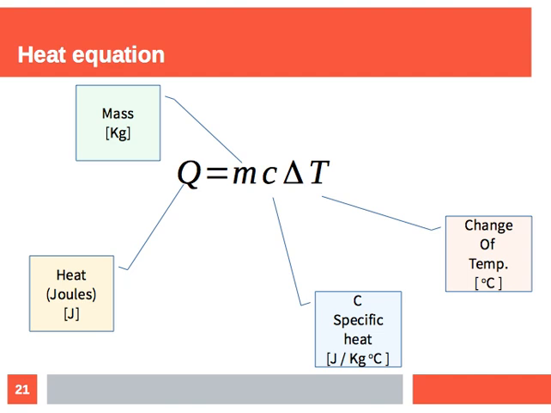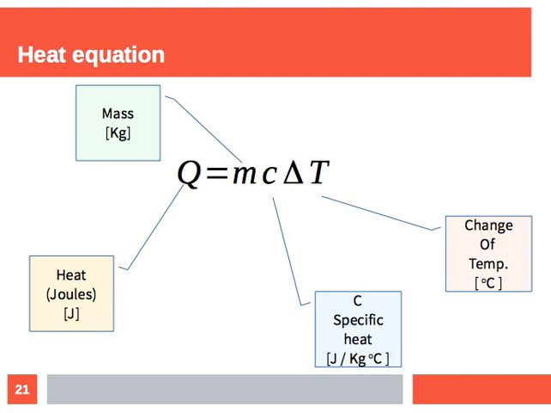We have here that the heat, which is Q, equals mass. That has to be in kilograms. If I give you something in the problems in grams, you know what to do: you gotta change it to kilograms. And that C, that's going to be specific heat, has to be in this unit.